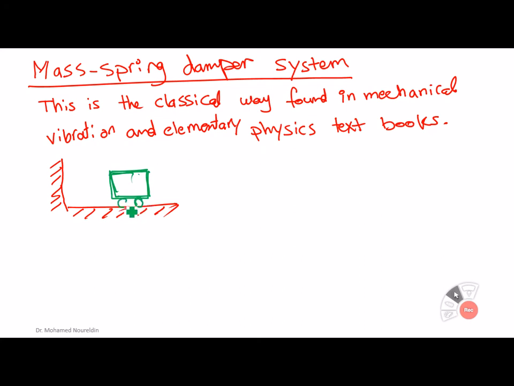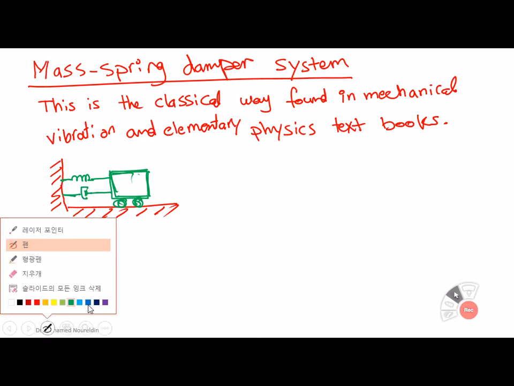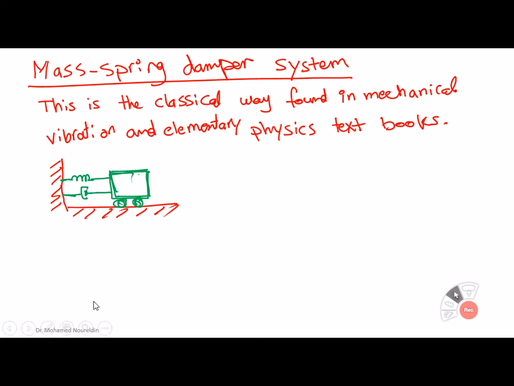This means that it is on wheels, and it is connected to the wall with a spring and also connected with a dashpot. This system has a mass, and we apply a dynamic force on this system, which is P of t.